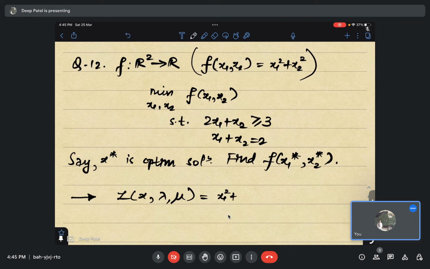x1 square plus x2 square plus lambda times (3 minus 2x1 minus x2) plus mu times (x1 plus x2 minus 2).